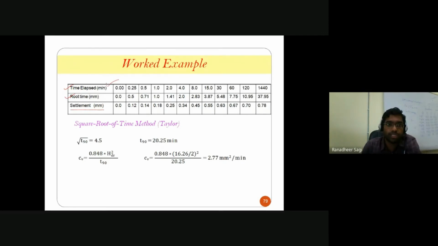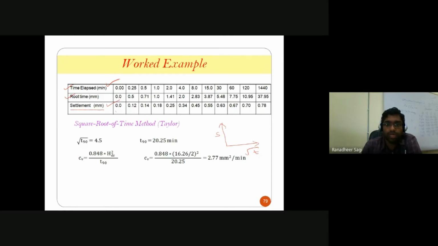This is your time, this is the settlement, and you are required to plot a graph between square root time data on the horizontal axis with settlement data represented on the vertical axis.